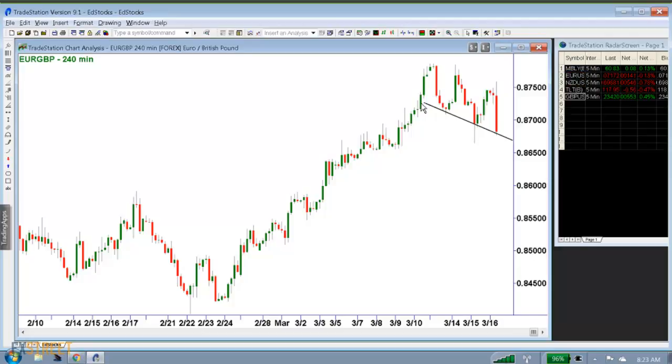Everything is defined by what precedes it. So a pattern means nothing unless it's preceded by a rally. A bottoming pattern means nothing unless it's preceded by a move lower. This is preceded by a significant rally, and that tells me that there's a chance for a significant move lower here. So we have something to work with in terms of shorting euro pound.